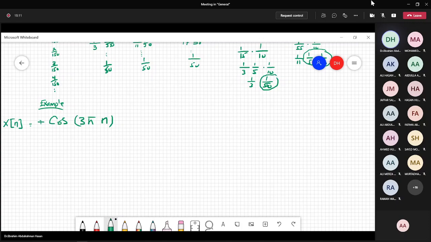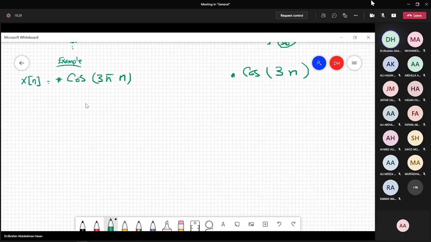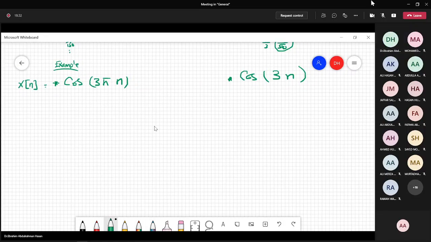So this is one example, another example, cosine 3n. Is this one periodic? الحين discrete, huh? Is this one periodic? واحد يجاوب. ايه دكتور؟ نعم. ايه periodic.